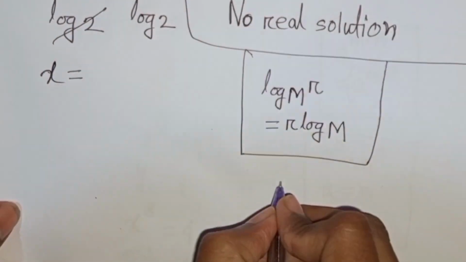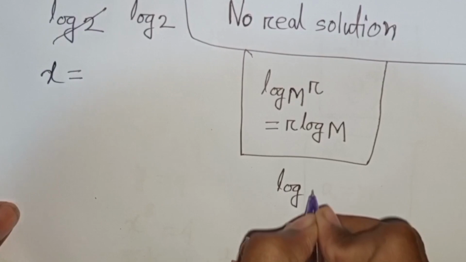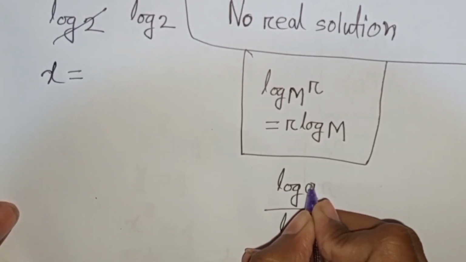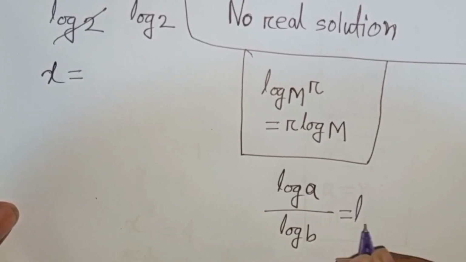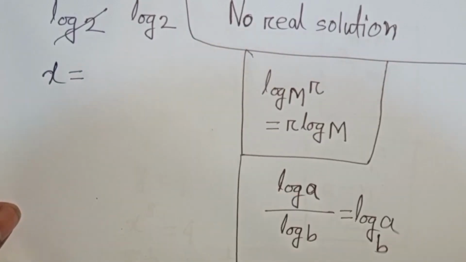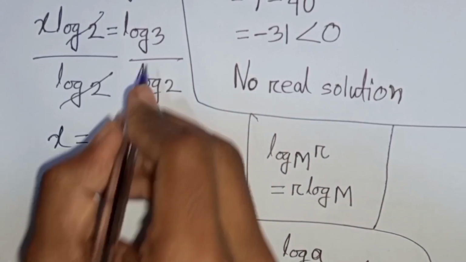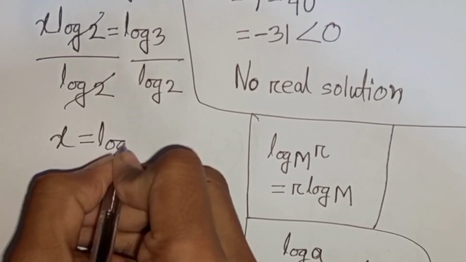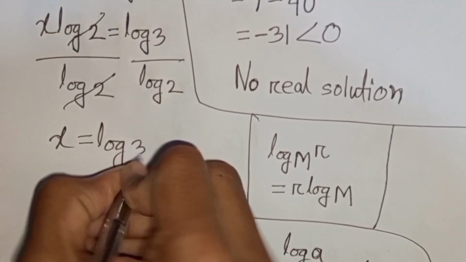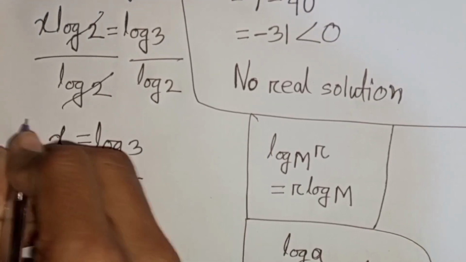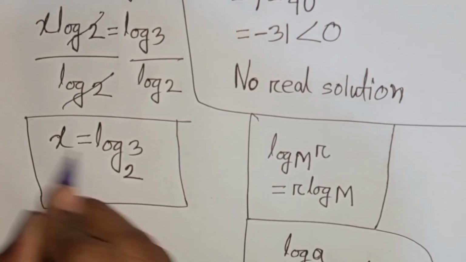Here we can apply this formula: log a divided by log b is equal to log a base b. So according to this formula, this divided by this, that means it will be log 3 base 2. So this is the value of x.